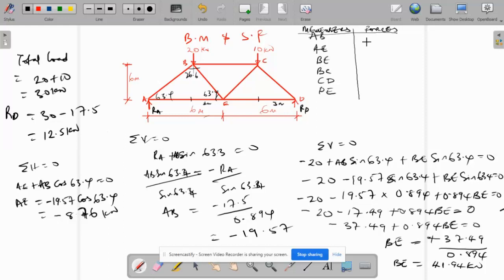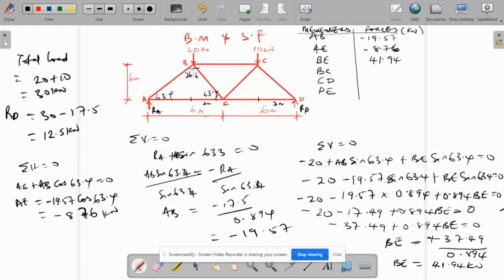So AB is minus 19.57. We have AE, which is still negative, 8.76. Then we have BE as 41.94. These forces are in kilonewton.